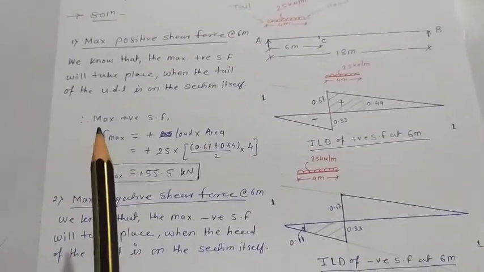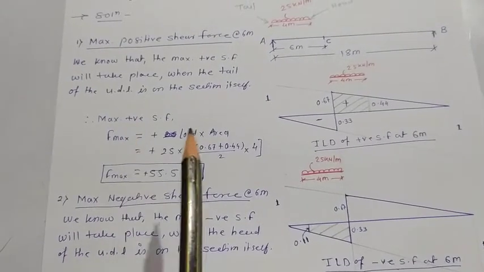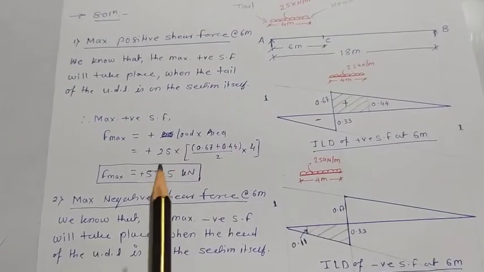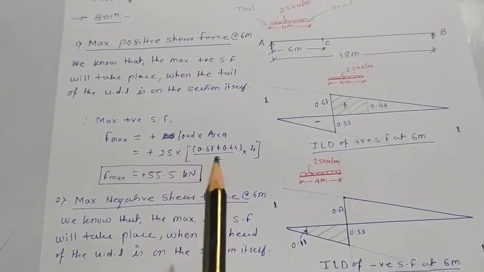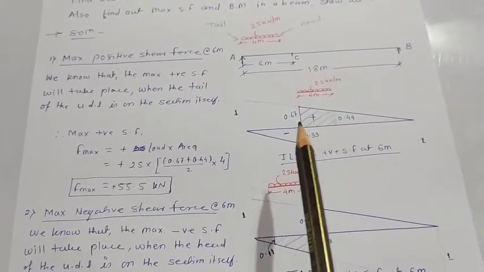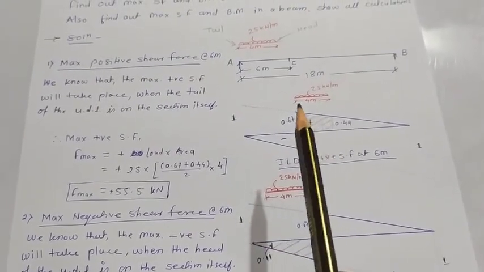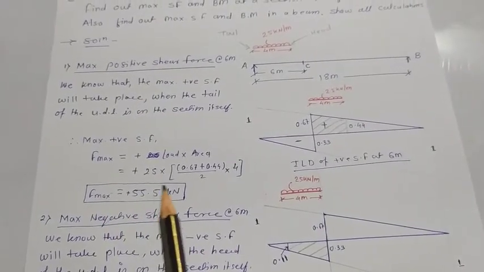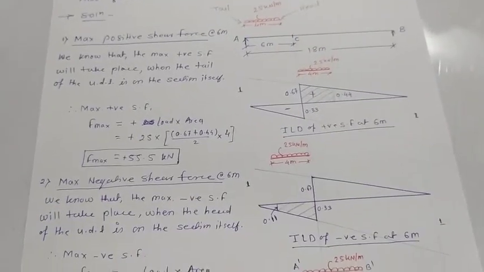So, this one is the equation, maximum positive shear force. So, maximum positive shear force is nothing but load into area. So, our load is 25 and area is average height of these two ordinates multiplied by its length. Length is 4 meter. Okay. So, you will get maximum positive shear force of 55.5 kilo Newton.